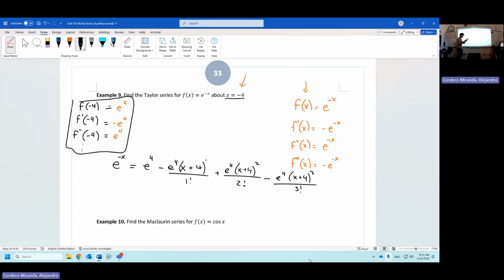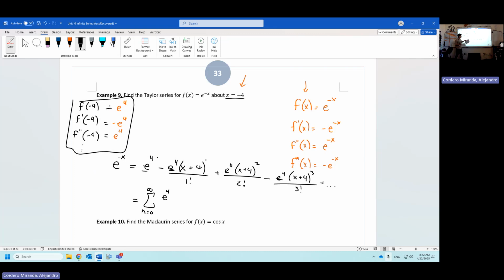And so on. And so your final answer, if you wanted to put this in sigma notation, would be like this: n from 0 to infinity. They all have an e to the 4, but it's also alternating.